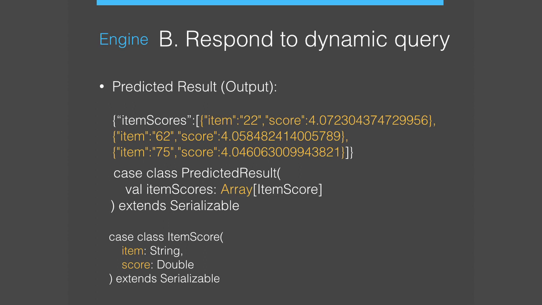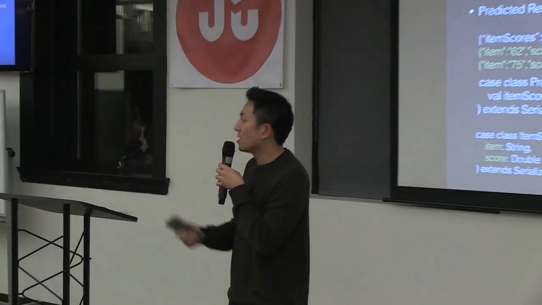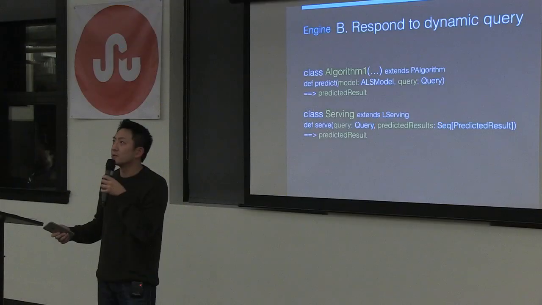In the engine, all you need to do is return a PredictedResult object. The platform will automatically convert it to a JSON format and return it to the mobile application through the REST API. So in terms of the code, we're actually triggering the A component again, but this time not in the train function, but the predict function.